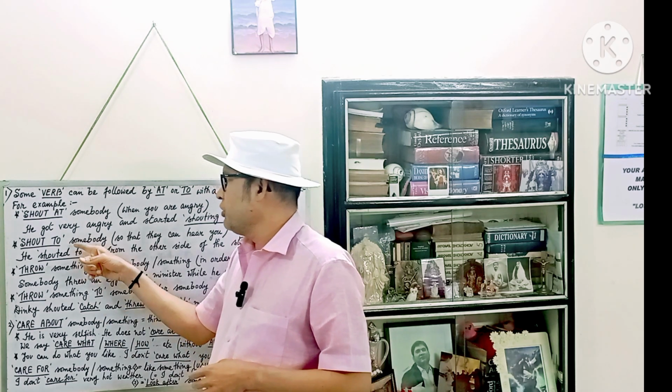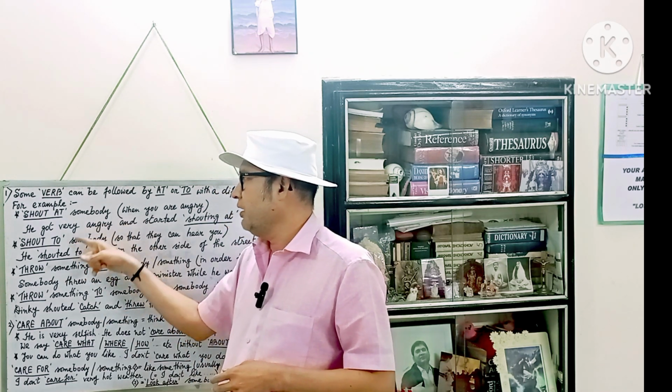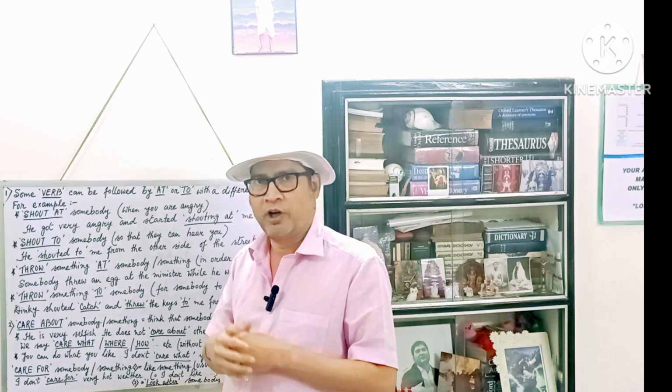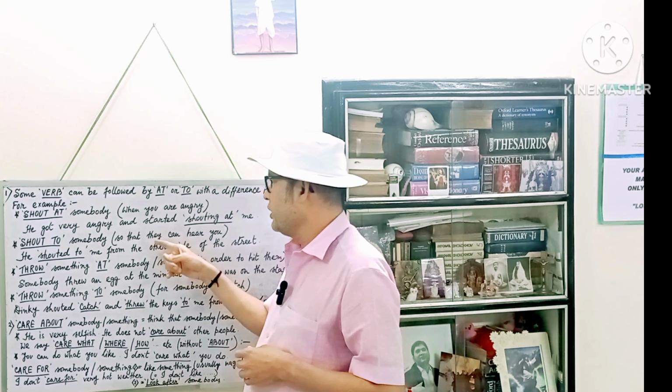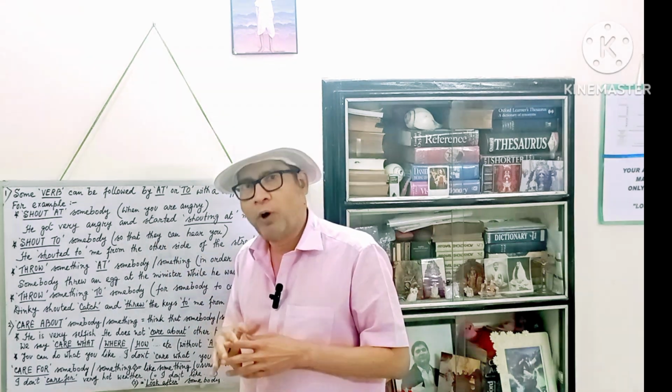Here you see somebody. Somebody is generally a singular one, not plural. But it is followed by the pronoun they. Why?